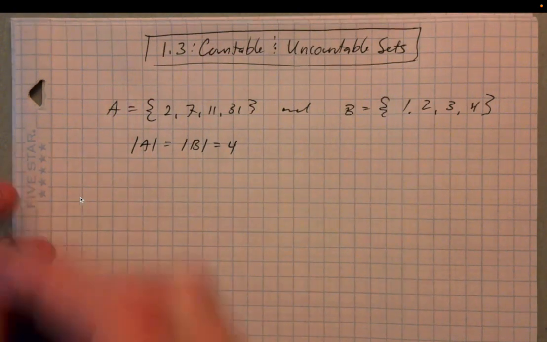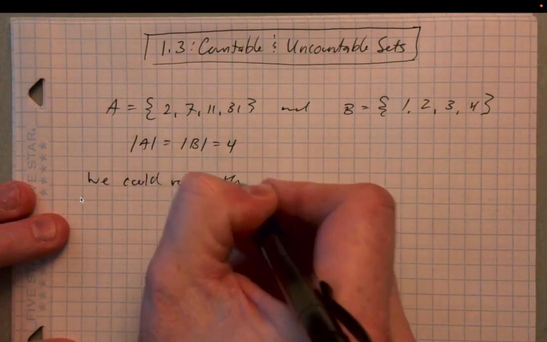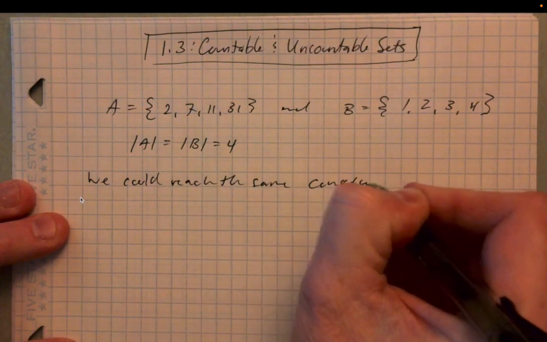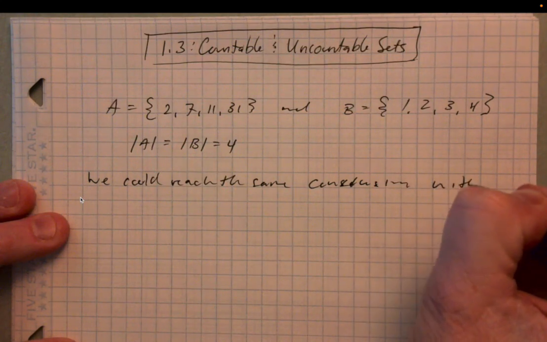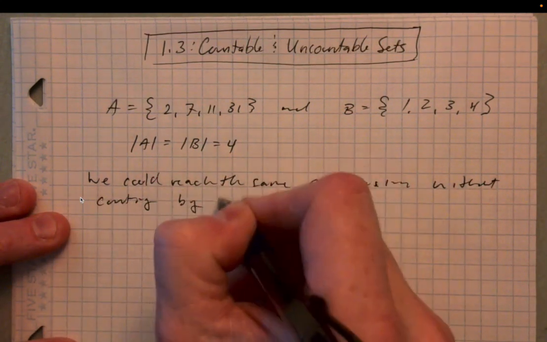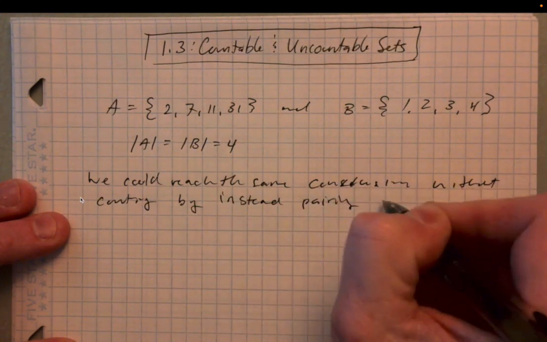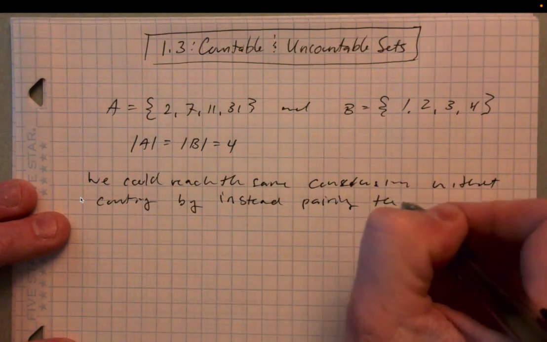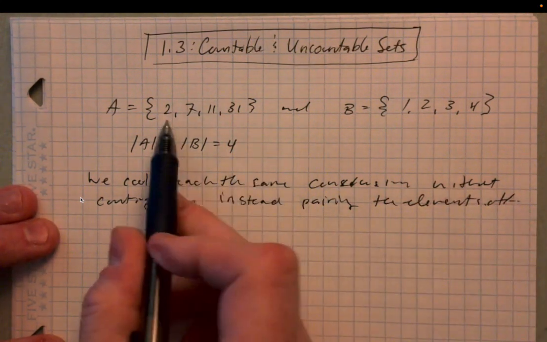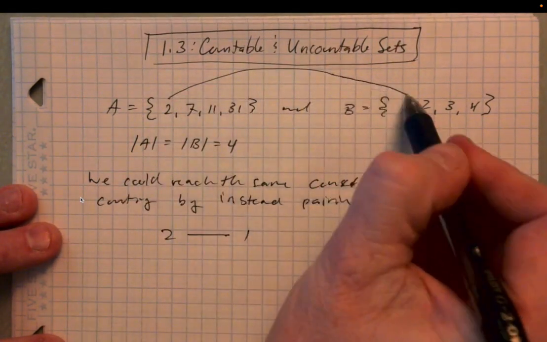Now, we could reach the same conclusion without having to do any counting, but instead by pairing the elements of the sets off. What I mean by that is, well, 2 and 1, pair those two together.